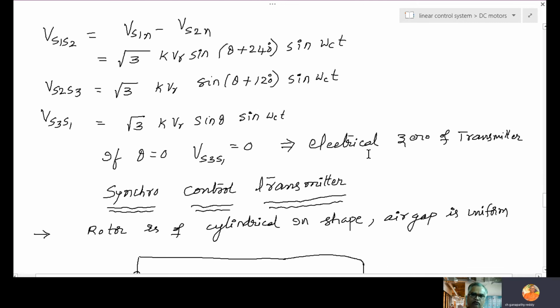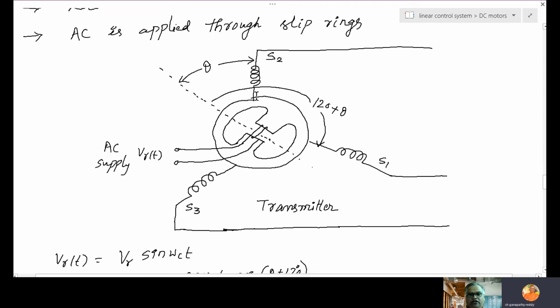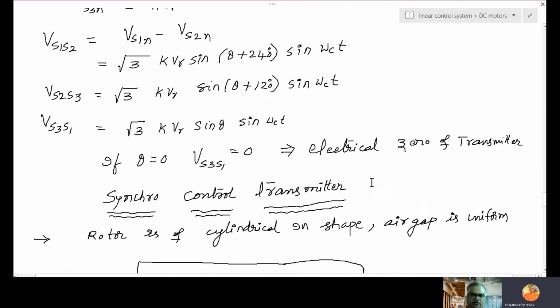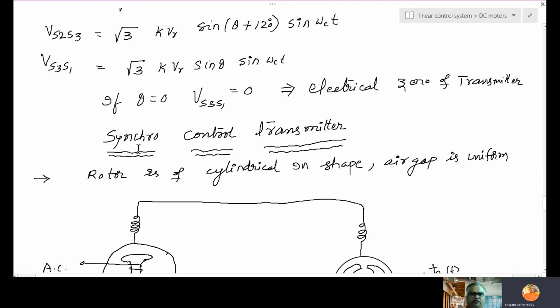Whenever you get zero voltage between those two points, that position is called the electrical zero position. Electrically the voltage is 0, but internally the rotor is vertical. Whenever this voltage is 0, the rotor is not visible, it is internal. Now you can guess the position of that particular rotor. That is what electrical zero is.